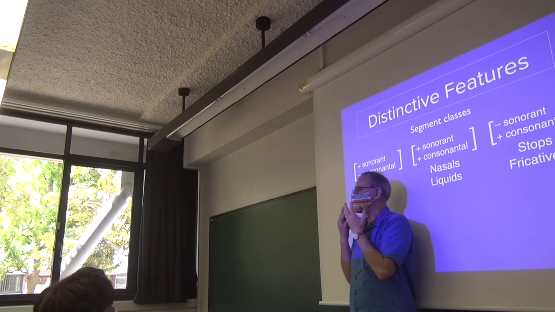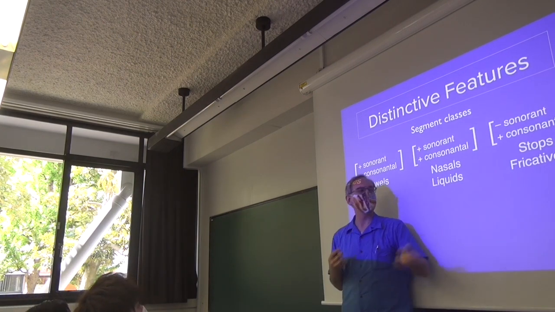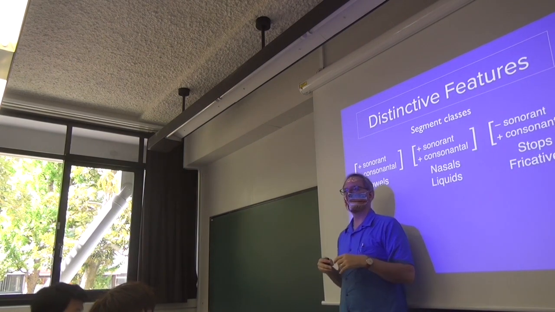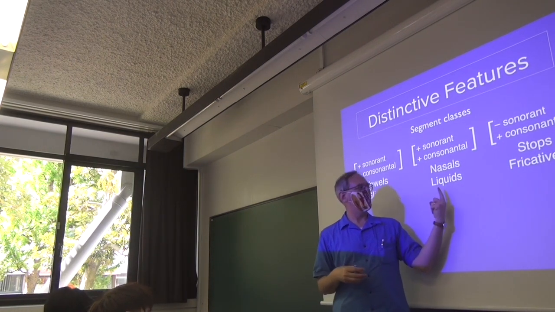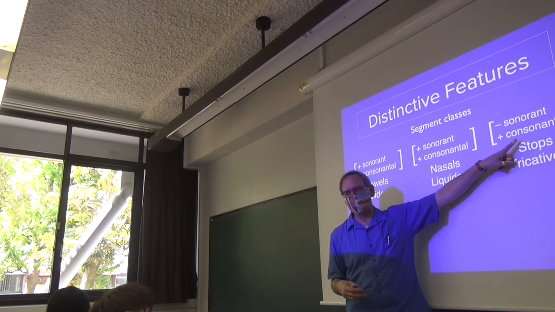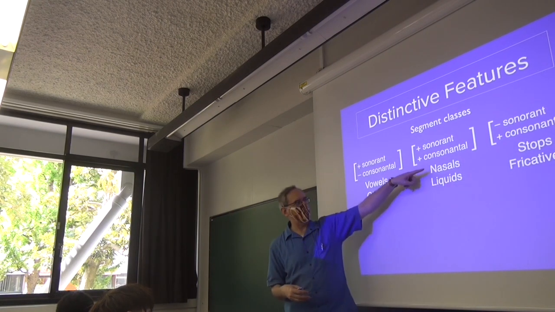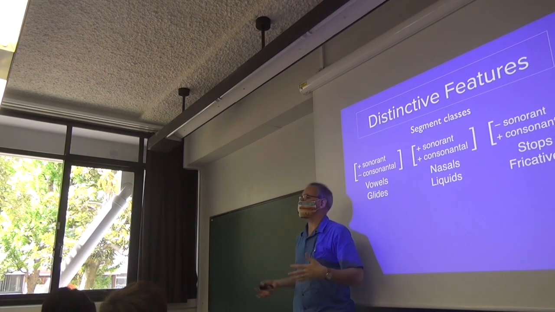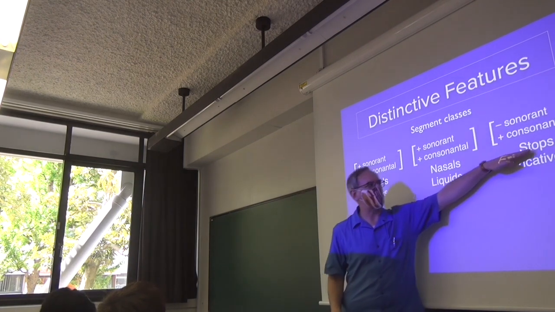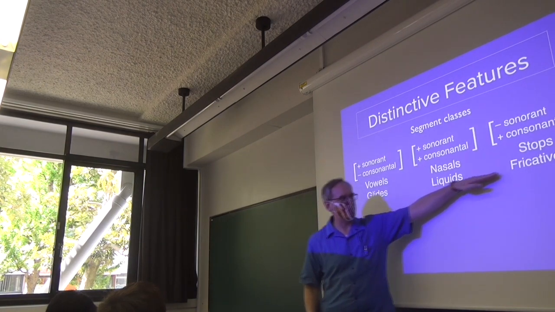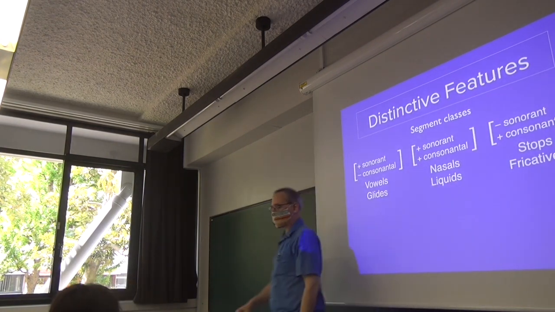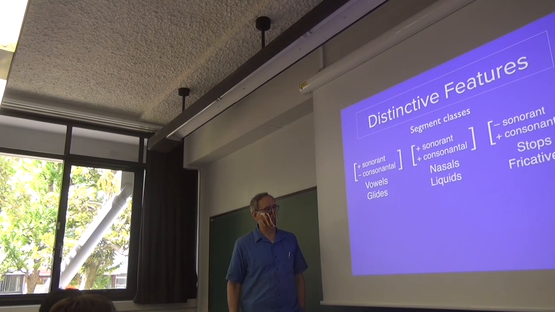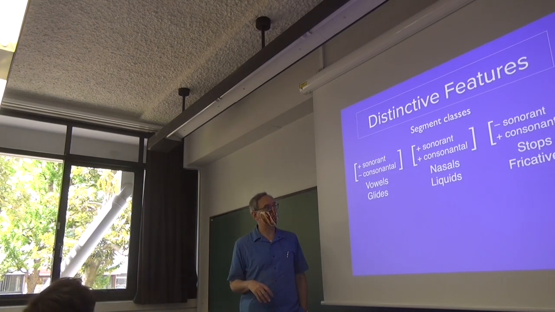Stops completely stop airflow through the mouth. Fricatives allow continuous airflow. So we'll see later what distinguishes these from each other and what distinguishes these from each other are the same feature. Those on the top will be minus, and those on the bottom will be plus, but we'll come back to that a bit later. I want to focus first on the vowels and then move on through the segment classes.